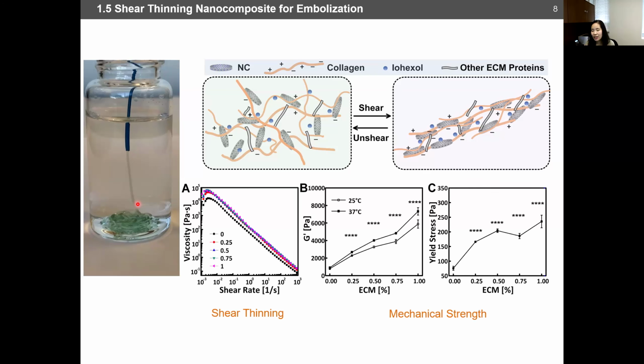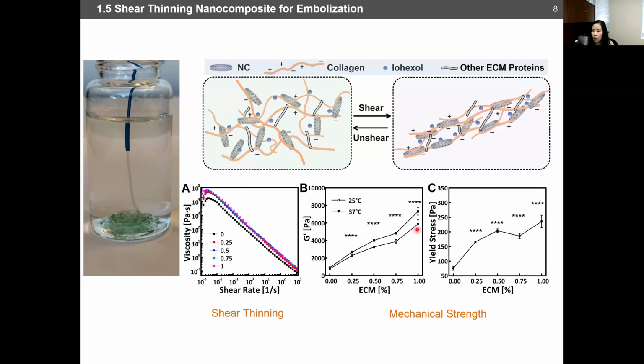And we make different versions. As you can imagine, if we just tune these different compositions, we achieve multiple formulations as a family of these materials. And we confirm that they are all intrinsically shear thinning, which facilitates transcatheter injection.